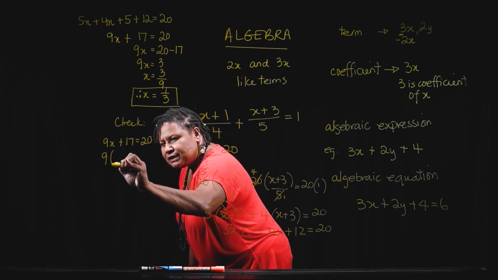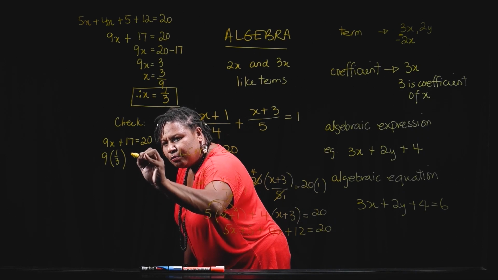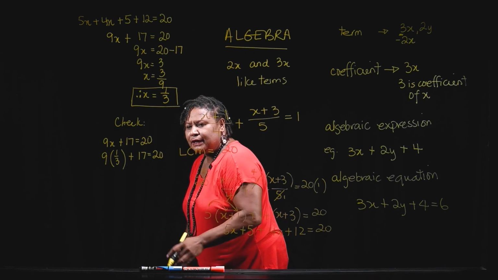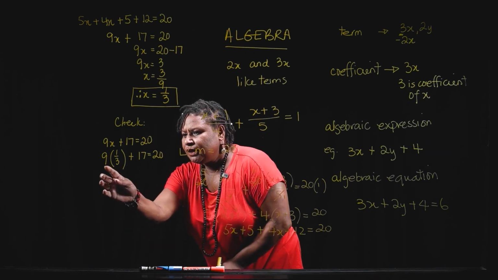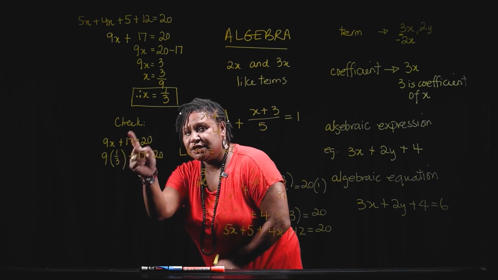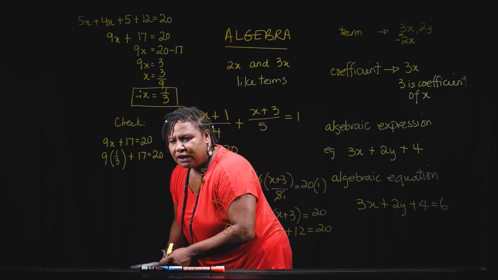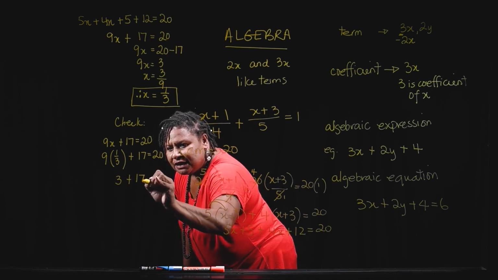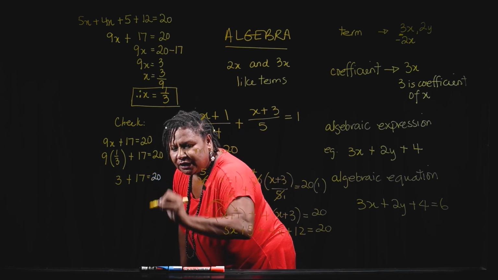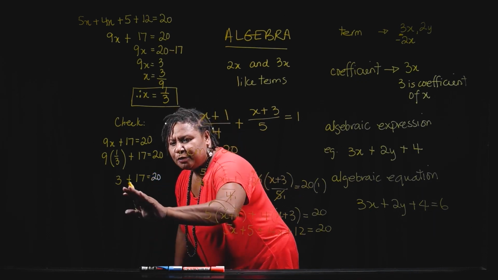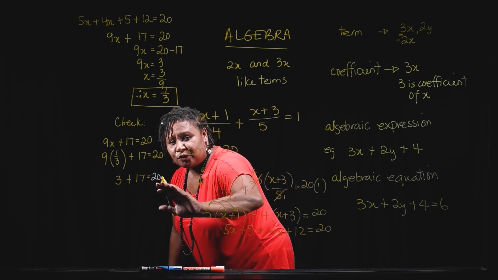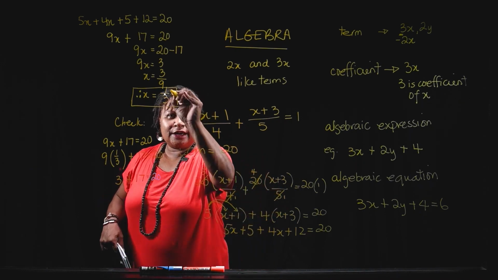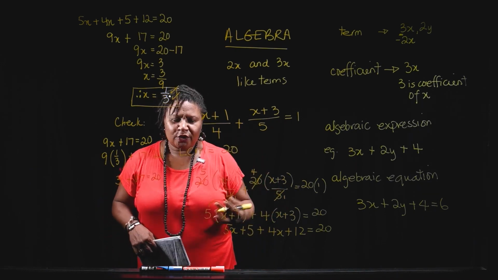So 9 times 1/3 plus 17 equal to 20. Okay. Now 9 times 1/3, we multiply 9 times 1, which is 9, divided by 3, your answer is 3, plus 17 is equal to 20. Okay? Now, you will see that 3 plus 17 is 20, and 20 is part of the equation. That shows that this equation is balanced, and therefore 1/3 is correct.